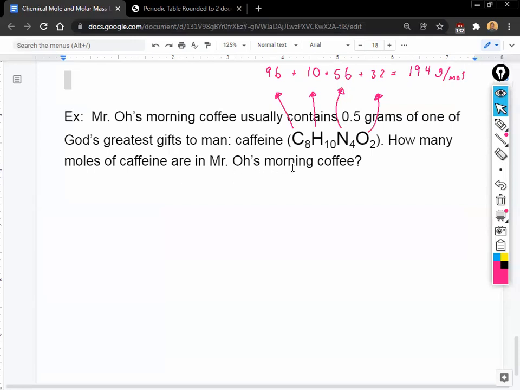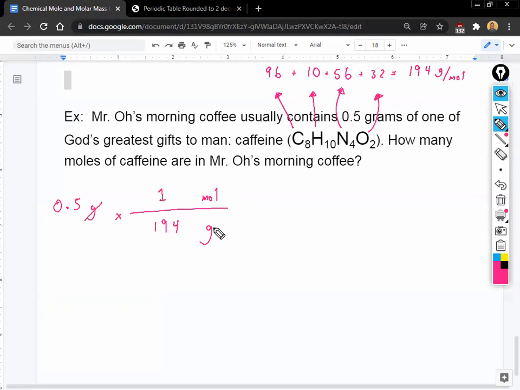Now we need to get our starting number. Our starting number is 0.5 grams. We're going to set up our fraction. What number should I put on the bottom? 194 grams or moles? Grams. So 194 goes next to grams, and on the top goes 1 mole.